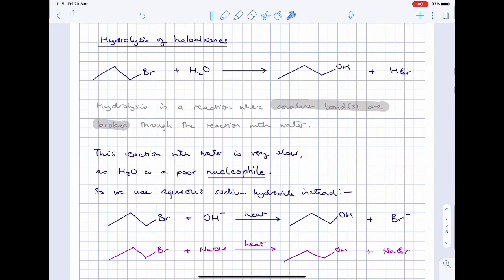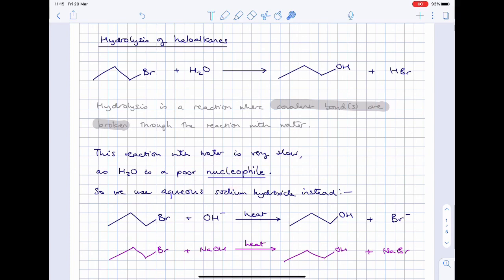So what we do instead, we use an alkali, something like sodium hydroxide, which contains hydroxide ions, and the hydroxide ion is a better, what we call a nucleophile, so it would attack the haloalkane and react with it much quicker than water. Water is a poor nucleophile, and I'll explain what we mean by a nucleophile when we look at the mechanism next.